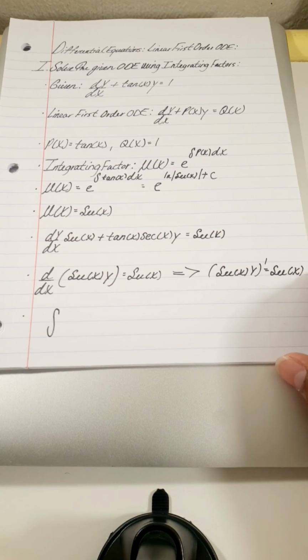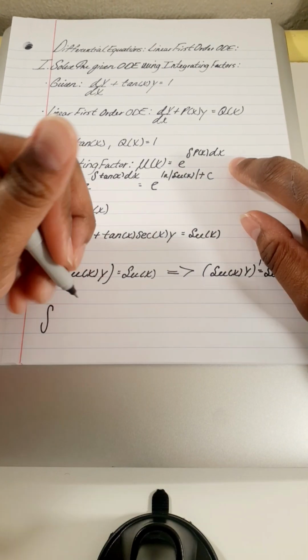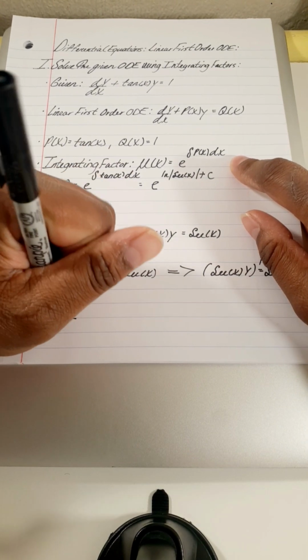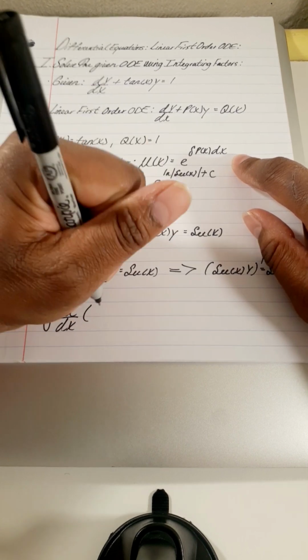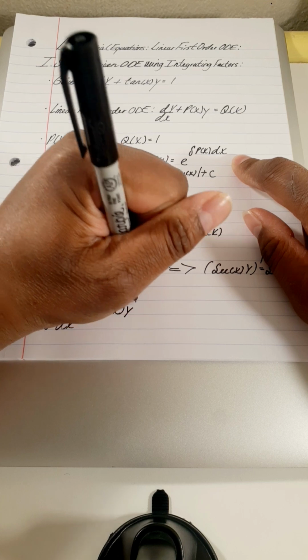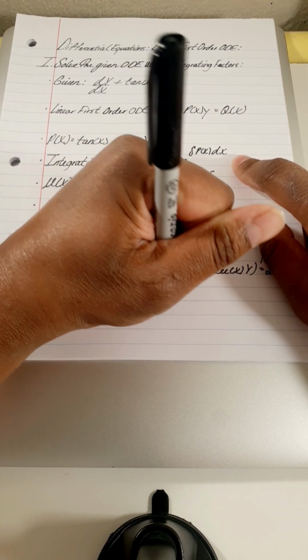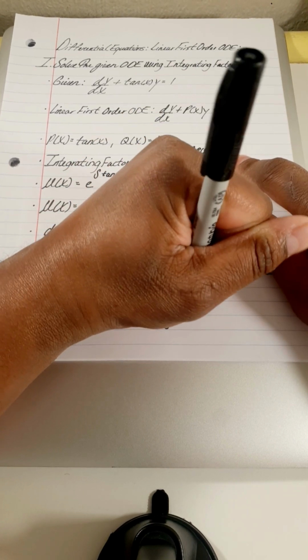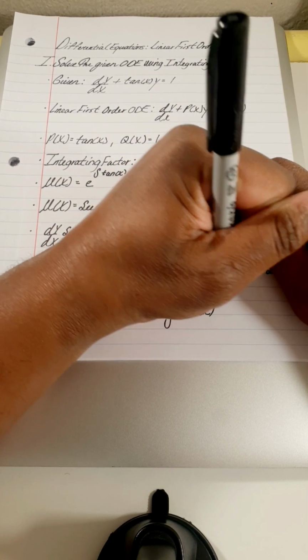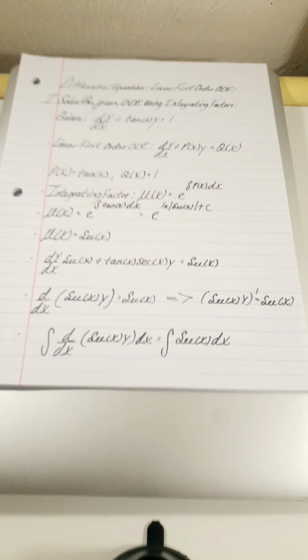Some people write it a different way. So we're going to integrate this side after we apply the product rule, and then we'll integrate the other side with respect to x.